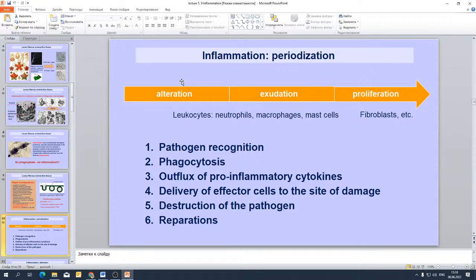In the stage of proliferation, reparation forms, maybe full reparation, maybe unfavorable outcomes. For example, if a patient has a bigger inflammation, for example fibrinous inflammation, abnormal cells may form, and connective tissue may form, because there is not full reparation, not full recovery.